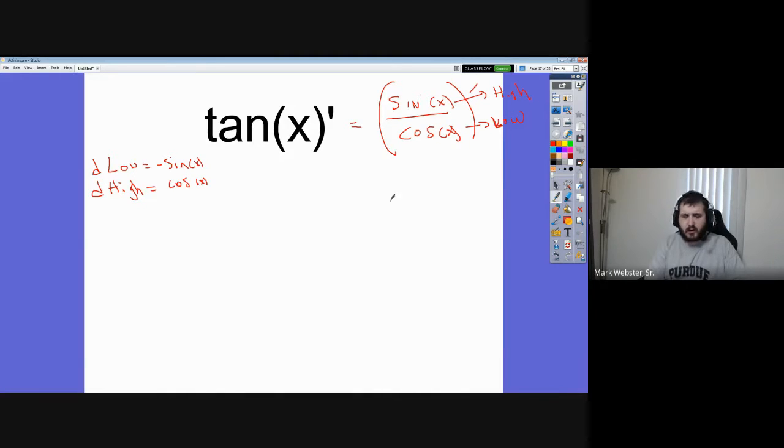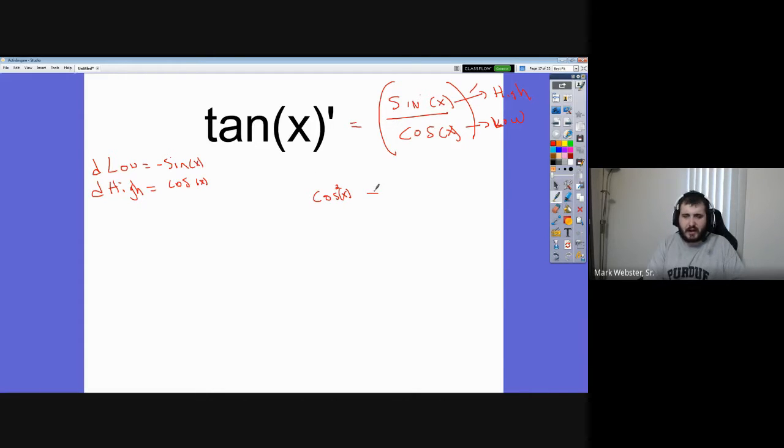And now we're just going to use the quotient rule. Low d high minus high d low over low squared. Low d high: cosine x times cosine x, which is really just cosine squared x, minus high d low. High is sine x, and d low is negative sine x, so that's negative sine squared.